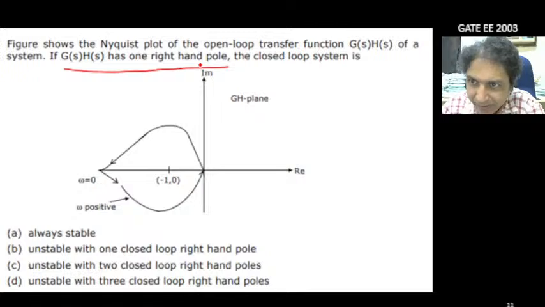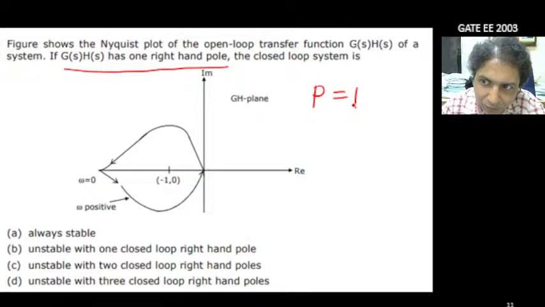What is the meaning? What I have said: if on the right hand side you are having one pole, that time we will consider P equals 1, one pole on the right hand side. So in the S plane we will enclose that right hand side pole. Now from this GSHS plane contour, we need to understand how many times it will enclose the -1 plus j0 point.